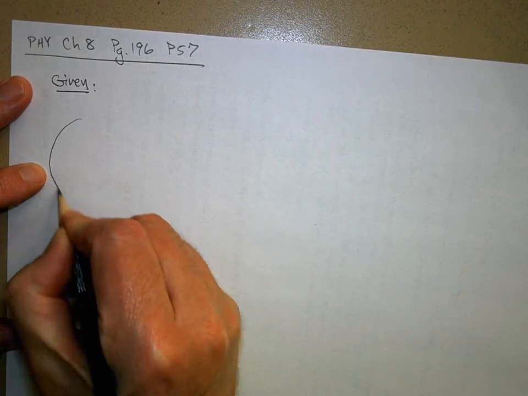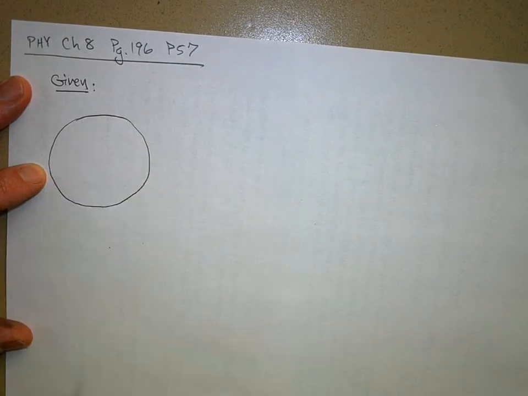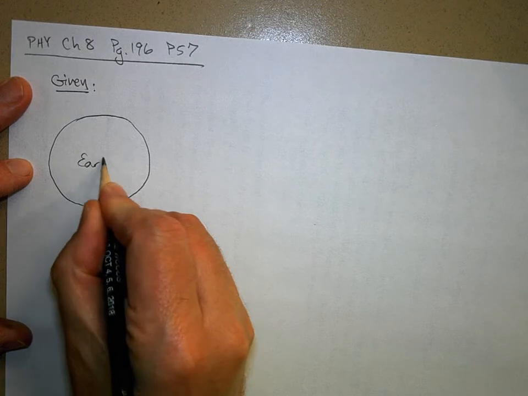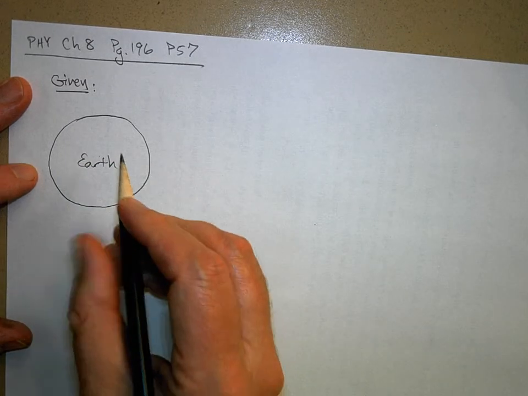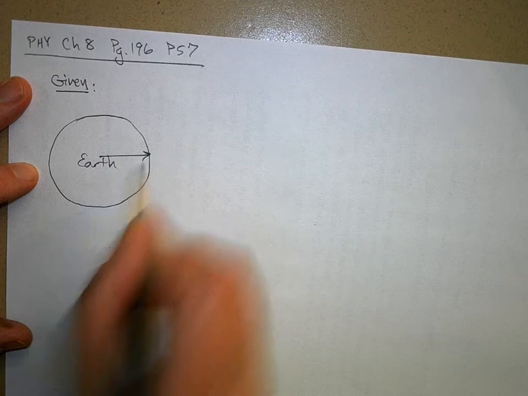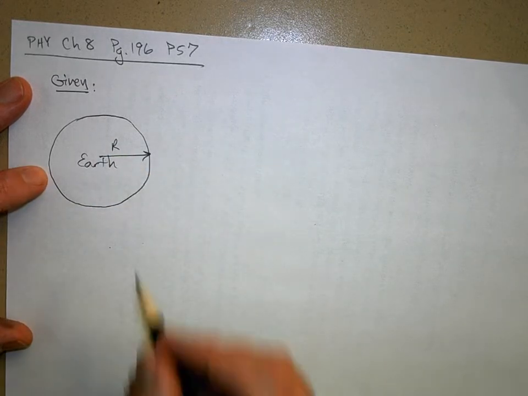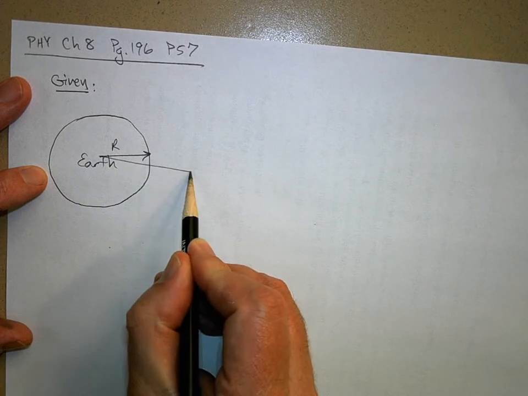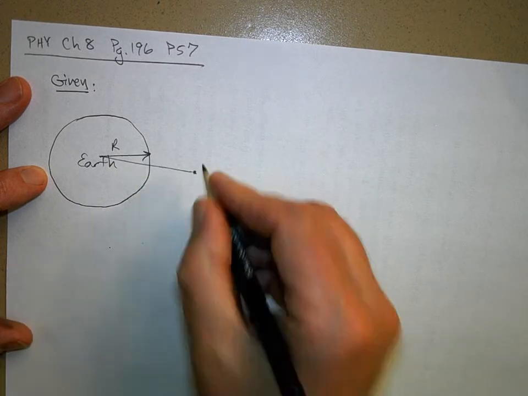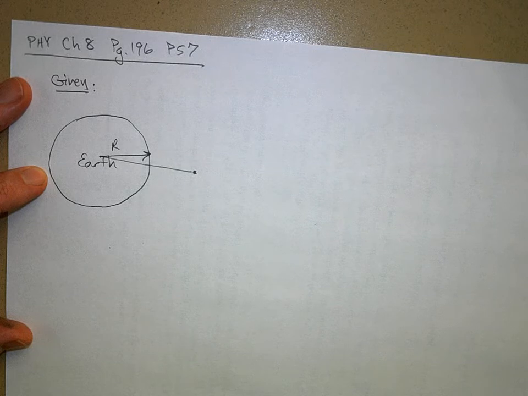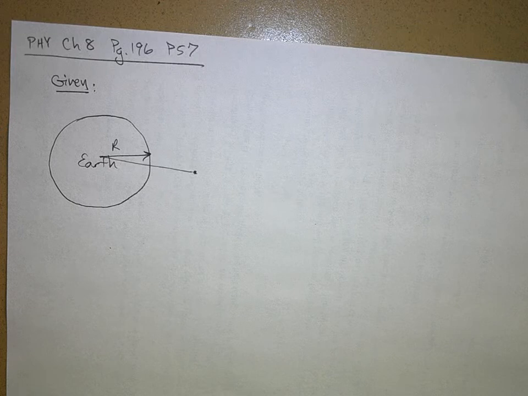All right, so here's the Earth, which is round, isn't it? All right, and so it's got a certain radius, but a certain height, some distance out here. It says you want to be half your weight, right? Half your weight, because it says how high does a rocket have to go above the Earth's surface before its weight is half what it would be on Earth.